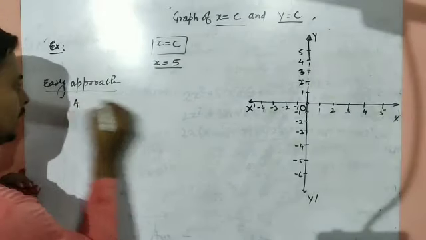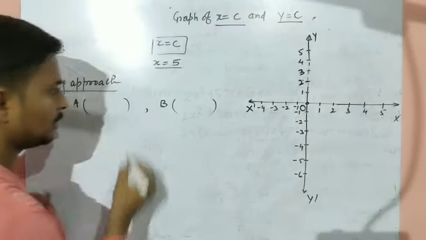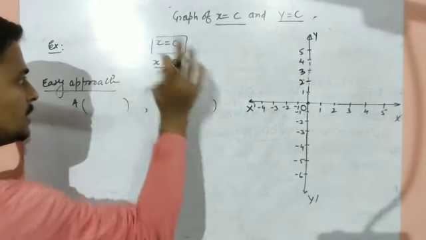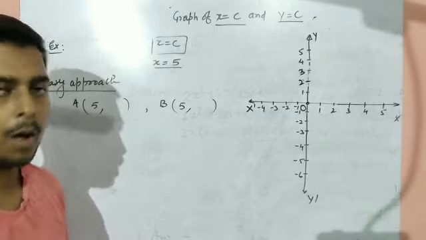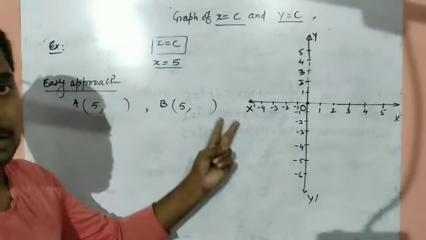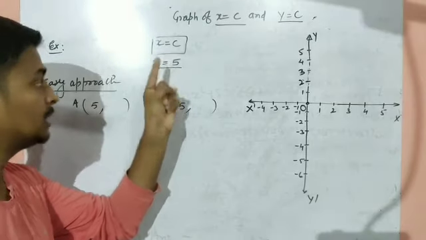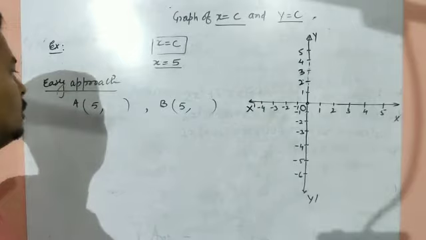Let the 2 points be, what will be the coordinates? Because x is not going to change, x is fixed, 5. So put 5 comma, 5 comma. Now what will be the value of y? Because there is no y, means no relation of x and y, so you can take whatever you want.